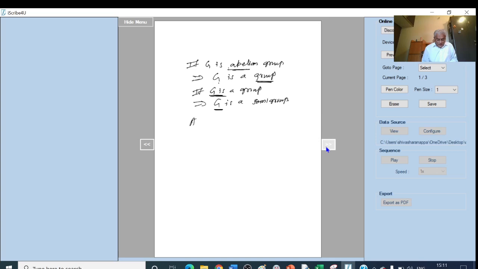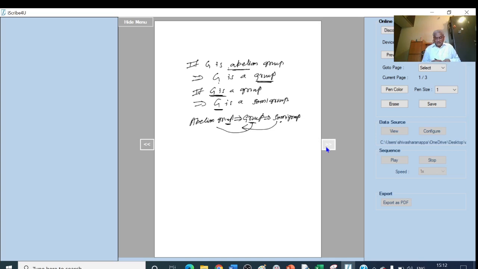That means an abelian group is a group, and a group is a semi-group. But the converse is not true here. Every semi-group need not be a group, and every group need not be an abelian group.